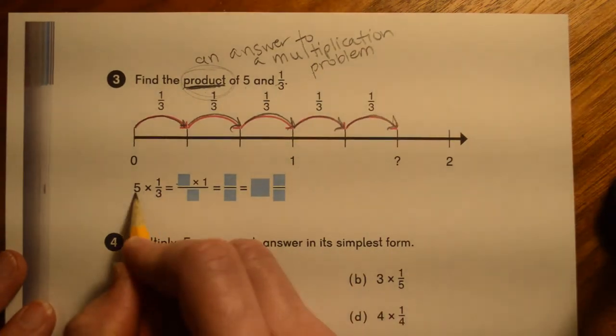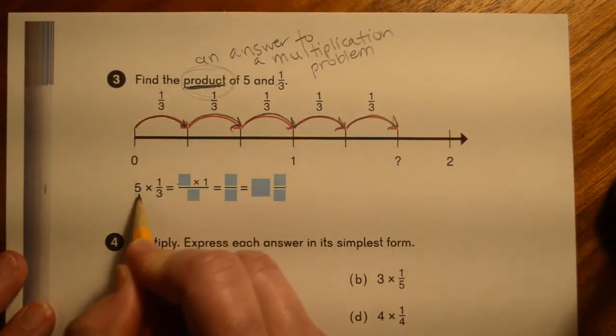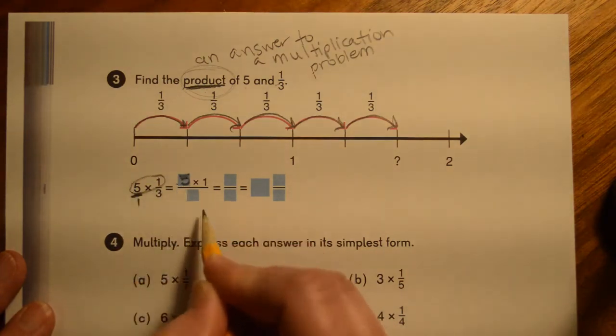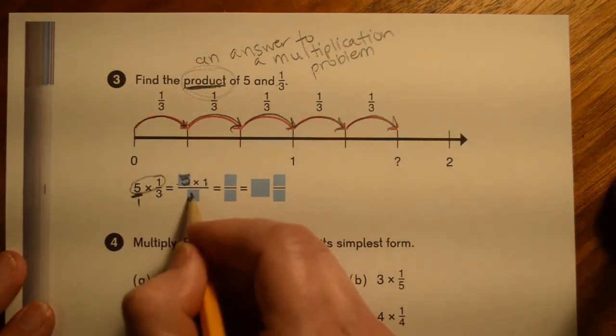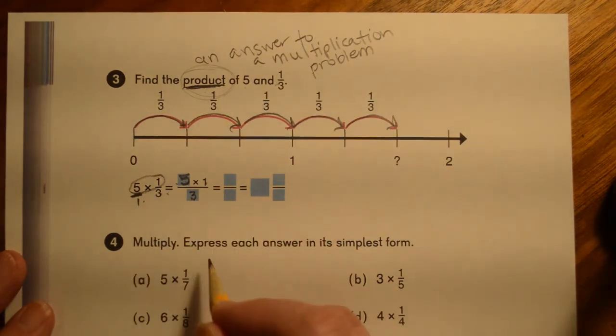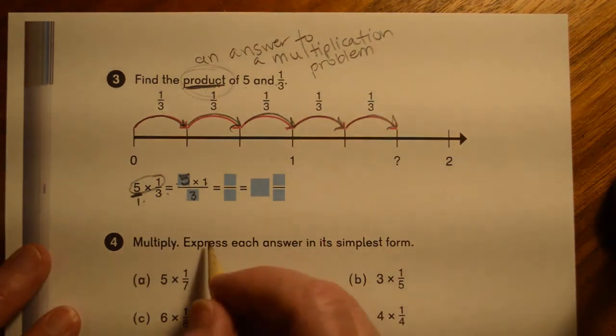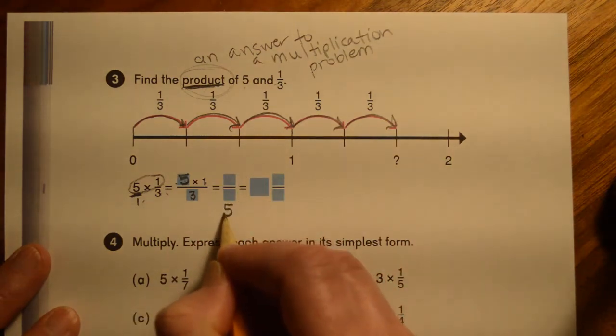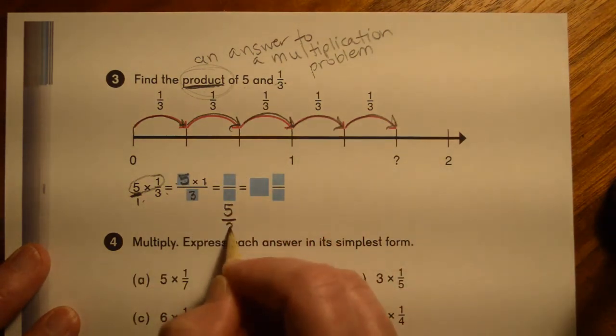All right, so 5 steps at 1/3 each. Again, I'm going to write this over 1 so that you see we're multiplying the numerators. 5 times 1, and then the 3, because that's going to be 3 times 1 in the denominator. 5 times 1, let me write that down here, is going to be 5 over 3.